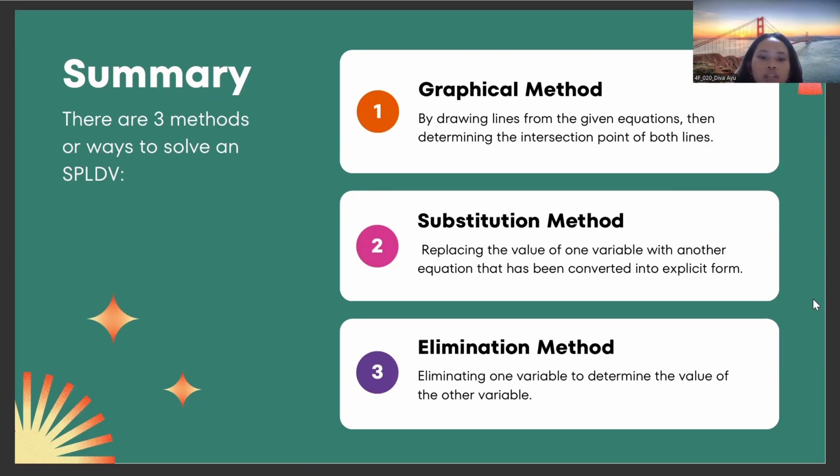The second is the substitution method, where one equation is substituted into the other. And the third is the elimination method, where one variable is eliminated to find the value of the other variable. Each method leads to the same solution when applied correctly.